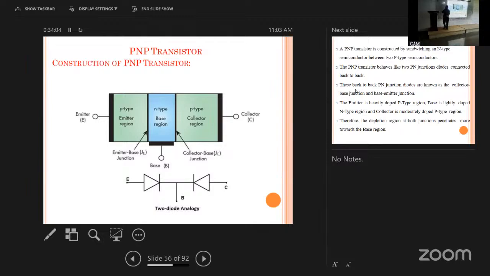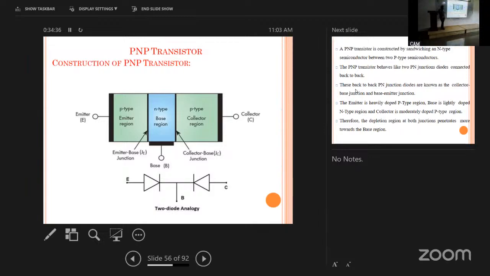So we can call it common base configuration, common emitter configuration, common collector configuration. We can connect the transistor in three ways. Depending upon these three configurations, the transistor has its own input characteristics and output characteristics.